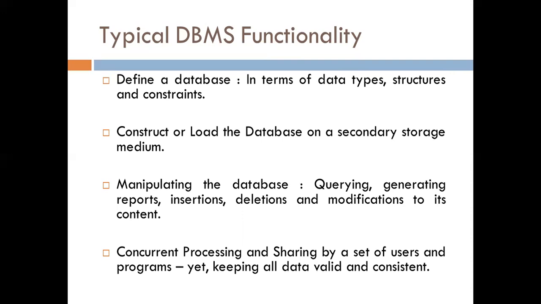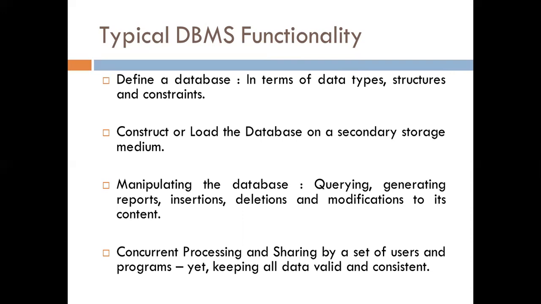Another very predominant functionality includes concurrent processing and sharing. Concurrent processing means more than one user may access the database at the same time. Then the database software should have the ability to serve these two requests at the same time.